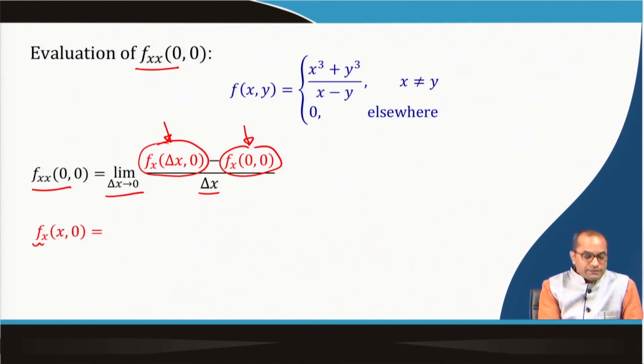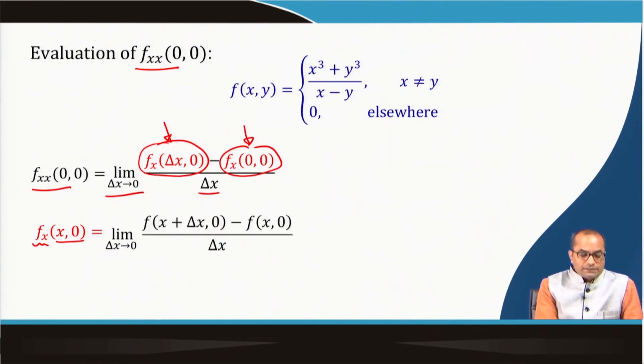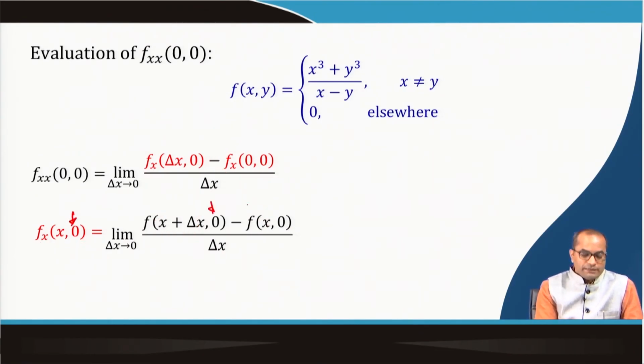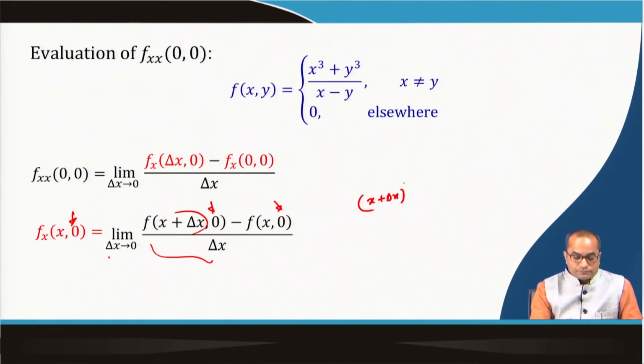So, again the first order partial derivatives at (delta x, 0) and (0, 0) are required. So, let us compute this f_x at the point (x, 0), as per the definition. So, f(x plus delta x) minus f(x), over delta x, and the 0 for y will remain as it is. So, to compute this, f(x plus delta x) means (x plus delta x) cube, where y will be 0, and then here also we have x plus delta x and y will be 0.